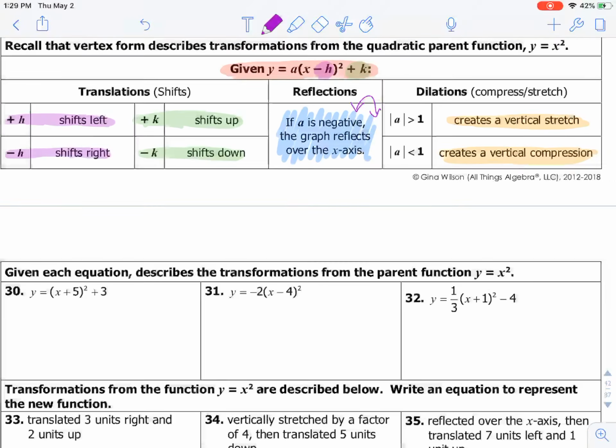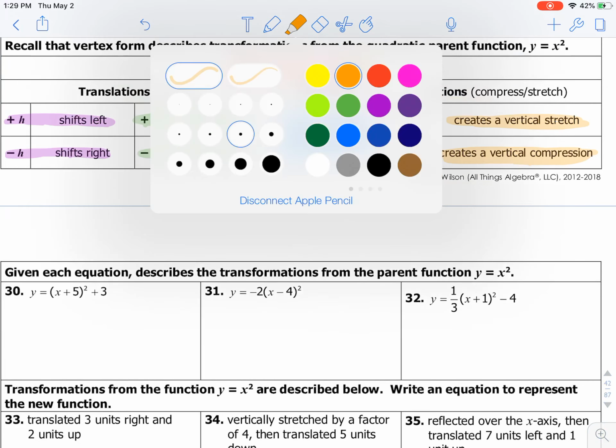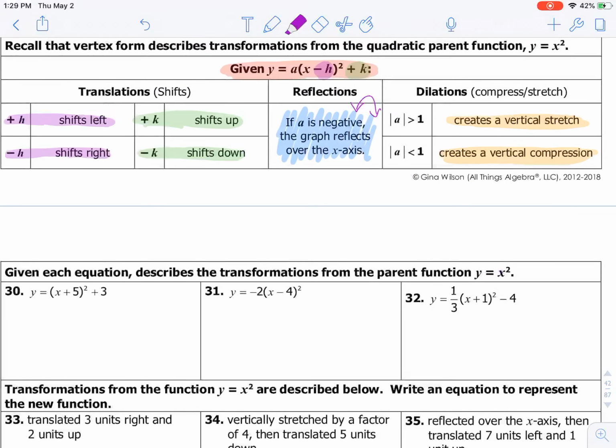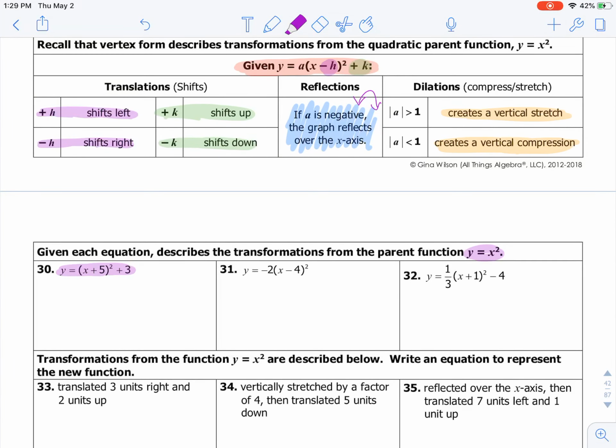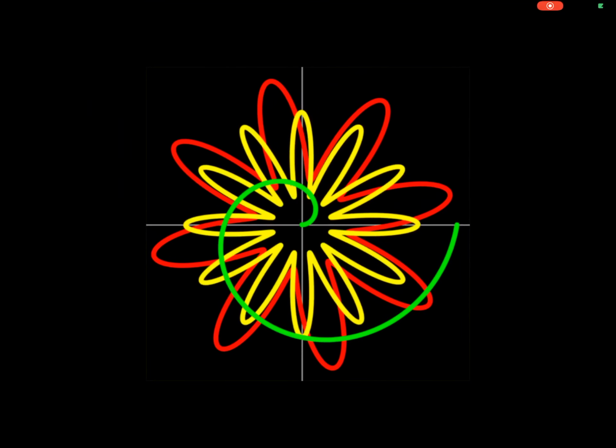Okay? My parent function, my original quadratic, is always that y equals x squared. So we're just comparing one quadratic to the other. We can look at these rules that are up above and highlighted, but we can also use our calculator. And I think our calculator is probably a little bit more user-friendly.